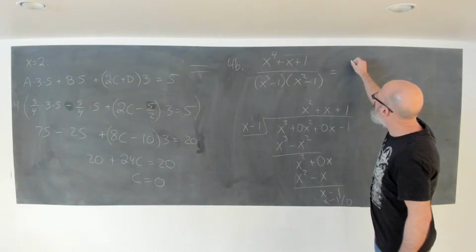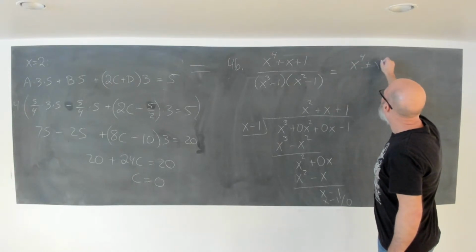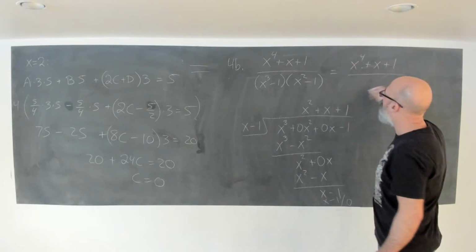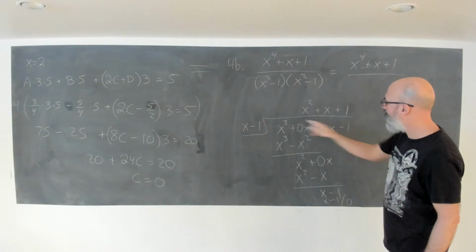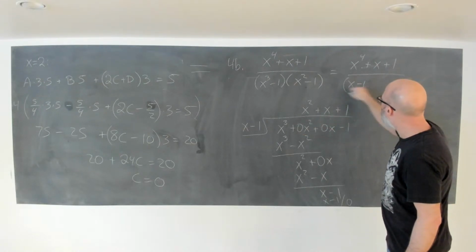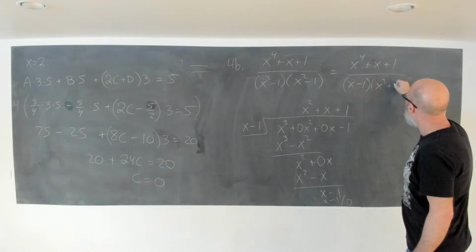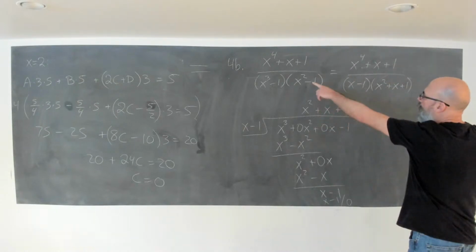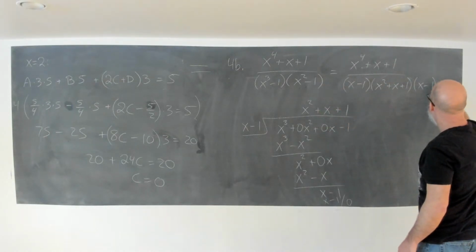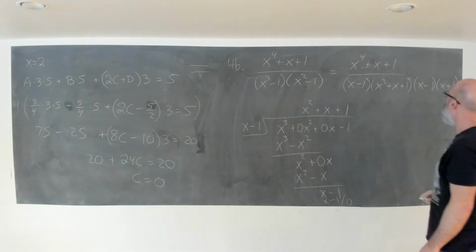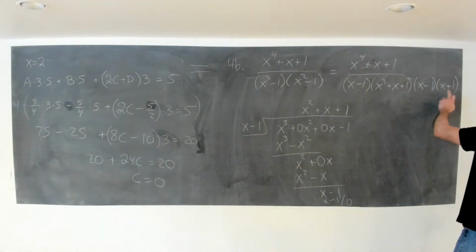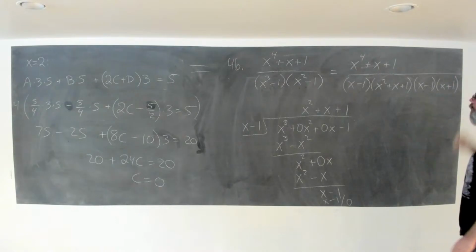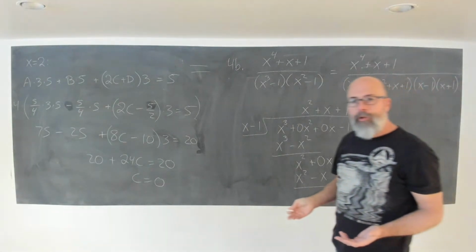So this factors as x minus 1, x squared plus x plus 1. And this factors as x minus 1, x plus 1. So you see that these three polynomials of degree 1 are all irreducible.